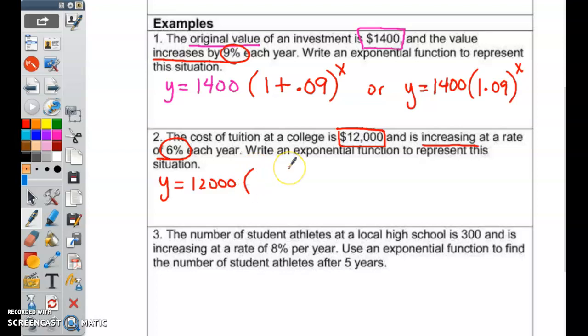And inside the parentheses, it's increasing, so it's plus, right? So it's 1 plus, how do I write 6%? 0.06 is like 6 cents to the power of x. Or, if I add these two, what does it give me? 1.06 to the power of x. Easy, okay?